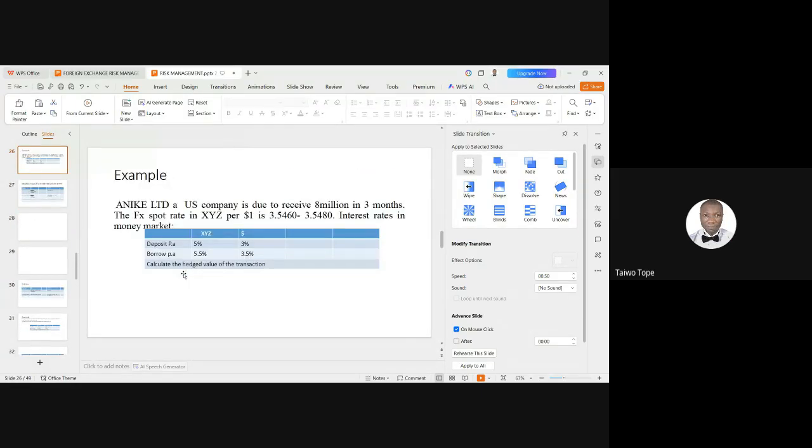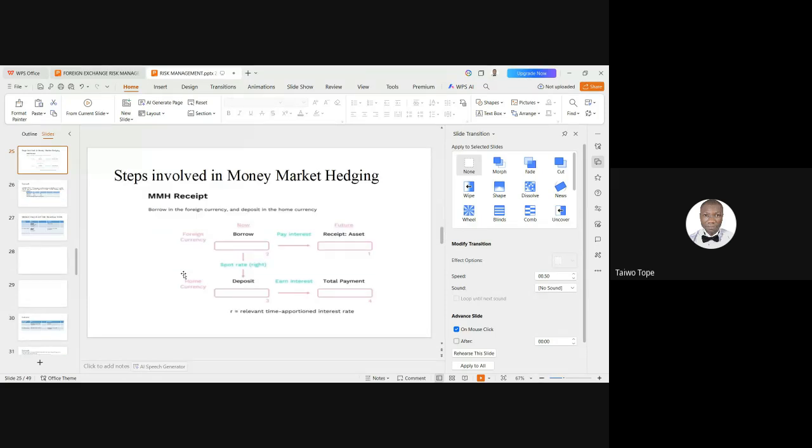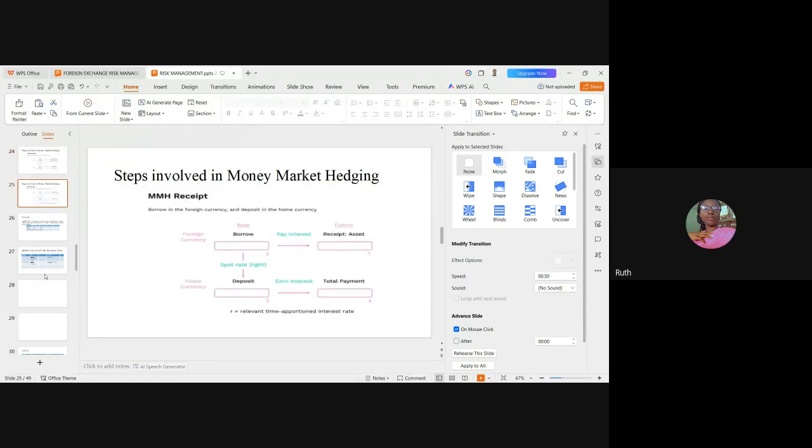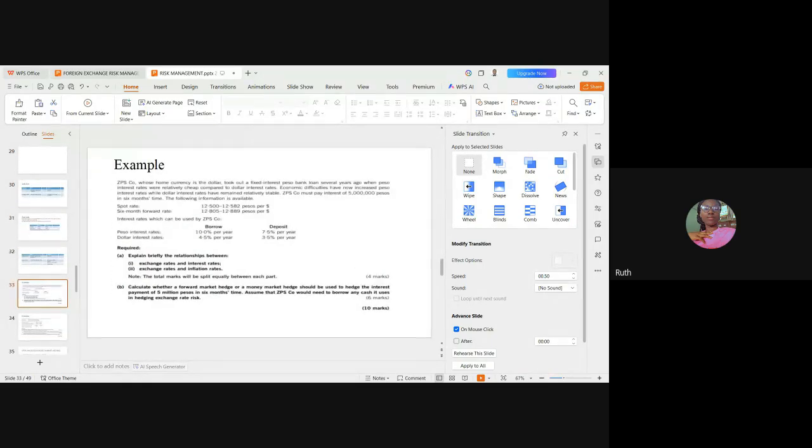So this amount that you borrow, it will result into how much in the next 6 months? Because you are borrowing, you are going to pay interest on it. So it will result into 6/12 multiplied by the borrowing rate in our own currency, 1 plus that, multiplied by 385,542, which will result to $394,217.